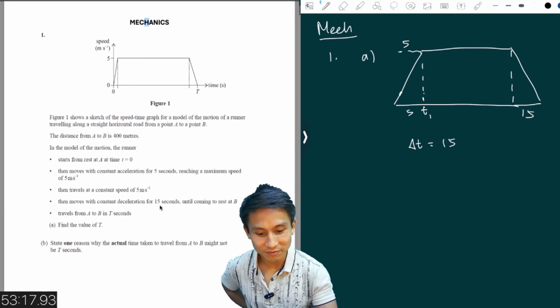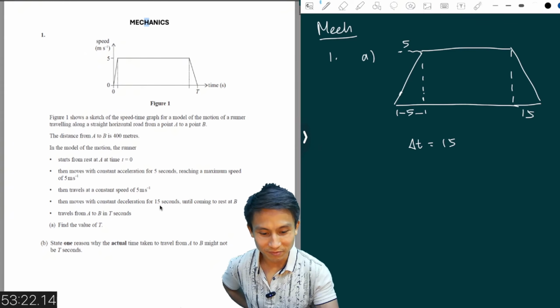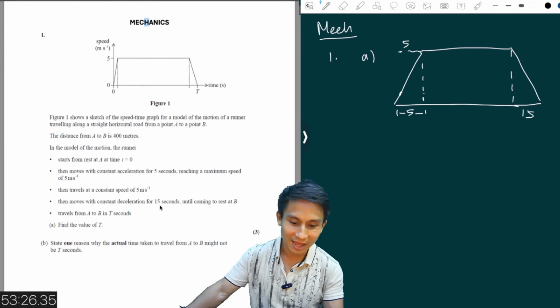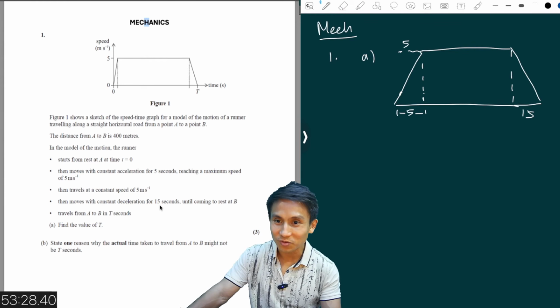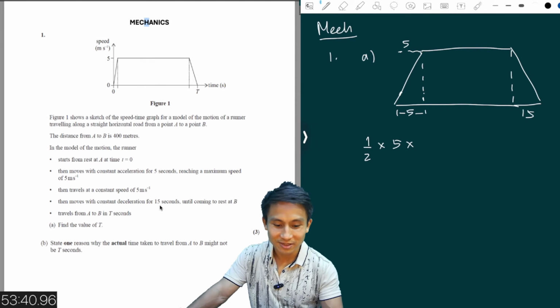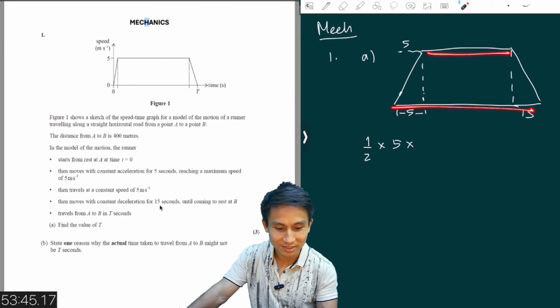Oh, so this is 5 seconds. Sorry, must have been blind. It must have been blurred from that Venn diagram question there. So it accelerated for 5 seconds, then constant speed, and then decelerated for 15 seconds. So it's 1 over 2 times height times the sum of parallel sides here.